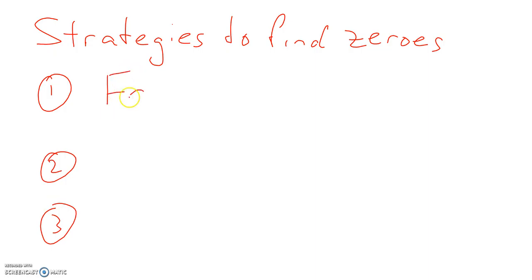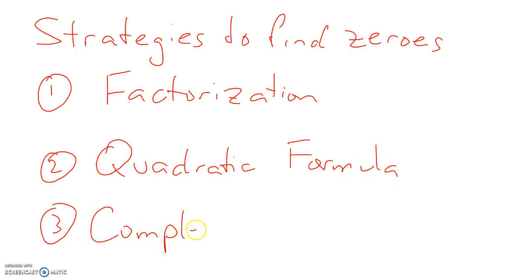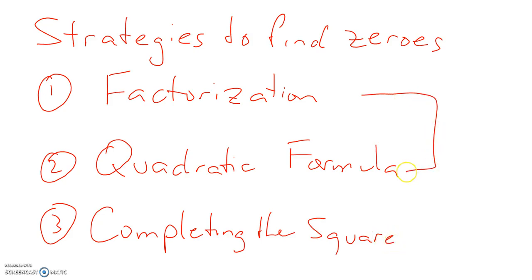The first one that we use is factorization. The second one is what we call the quadratic formula. And the last one is completing the square. Okay, and we'll deal with these in this little section.